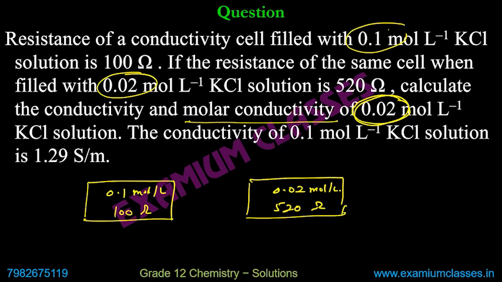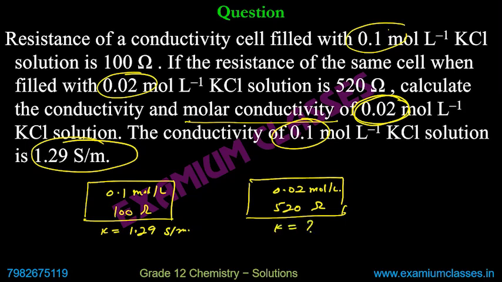The conductivity of 0.1 M, this one, is given: 1.29 Siemens per meter. Here, kappa we don't know. That is what is asked.